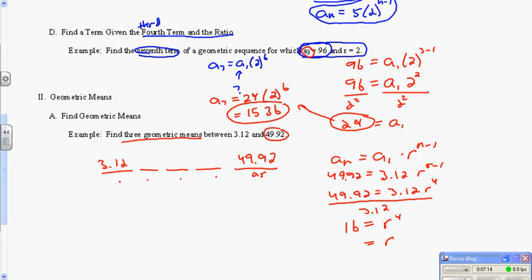The 4th root of that will give us 2, but we have to remember something. It's plus or minus 2. Either would give you 16 if you took it to the 4th power. So what does that mean?